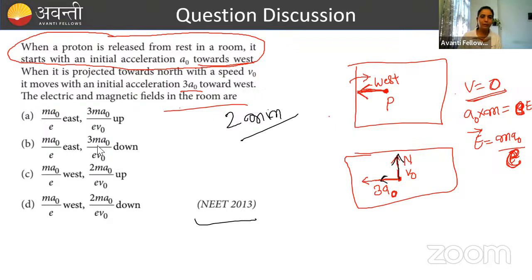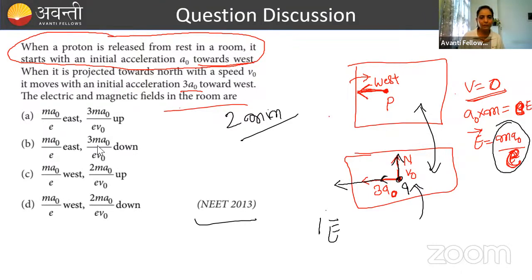So it's the same room it is talking about. So if here there was an electric field of this much magnitude, here also electric field of this much magnitude should be there in this direction. So if we are projecting charge particle towards north with velocity v naught, electric force will act even though.